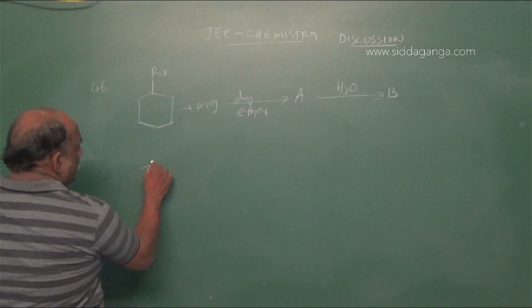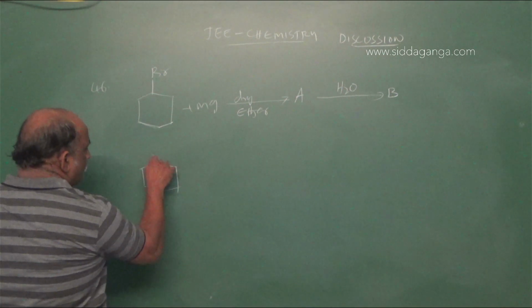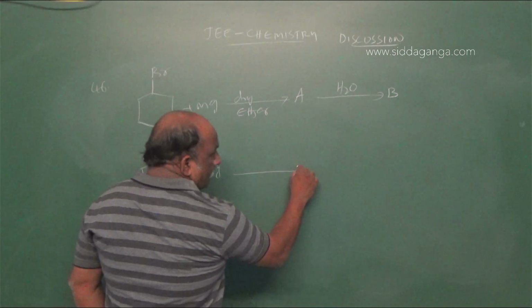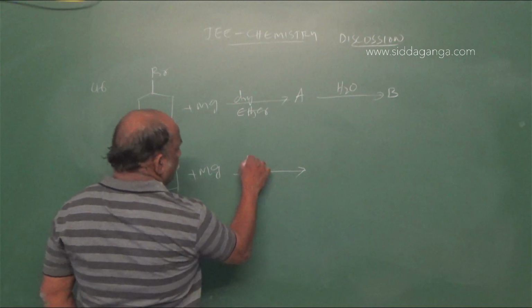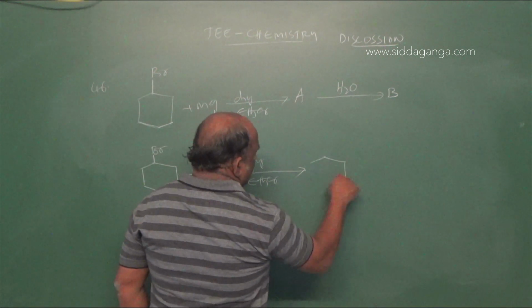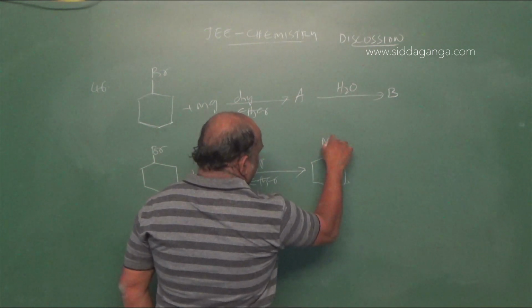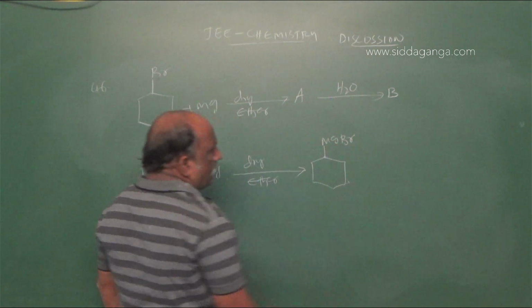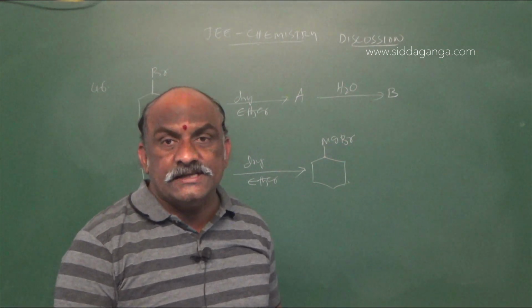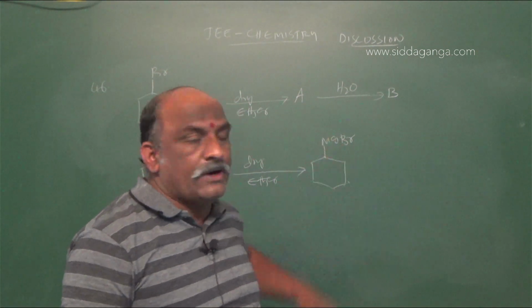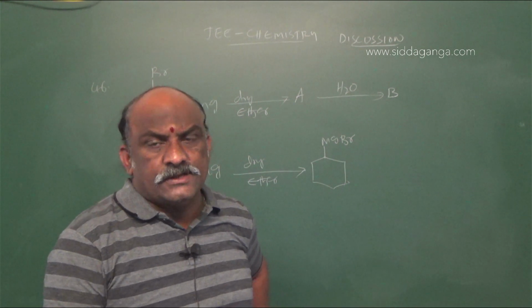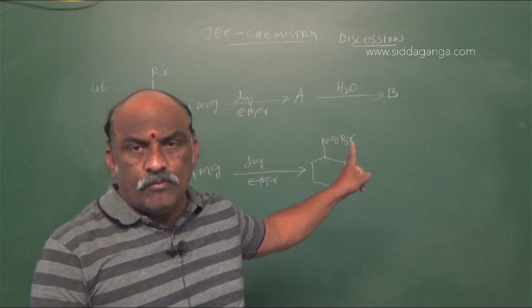So bromocyclohexane plus magnesium reacts in the presence of dry ether. The answer is cyclohexyl magnesium bromide.